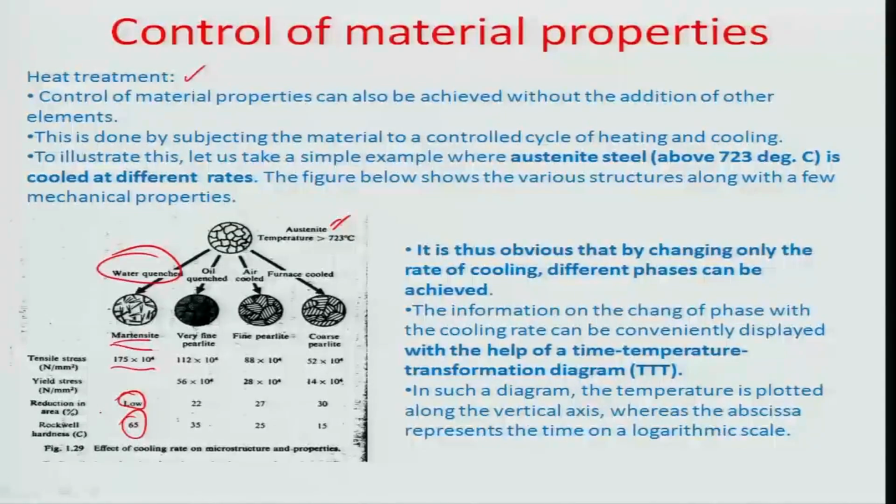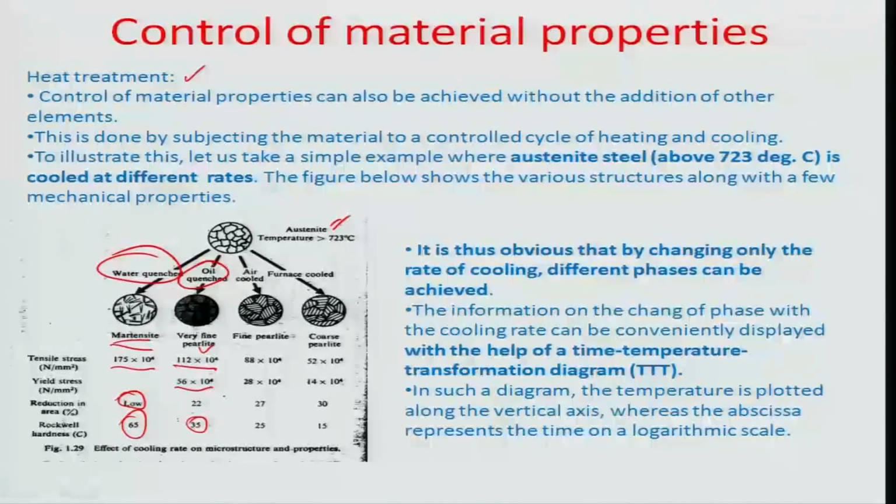Okay. Similarly, if you were to oil quench austenite, for example, you will have very fine pearlite which also would have about 35 hardness, and it would have a yield stress of about 56 x 10^4 and tensile stress of 112 x 10^4.